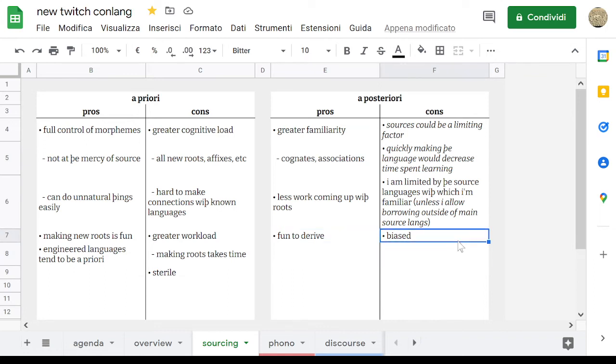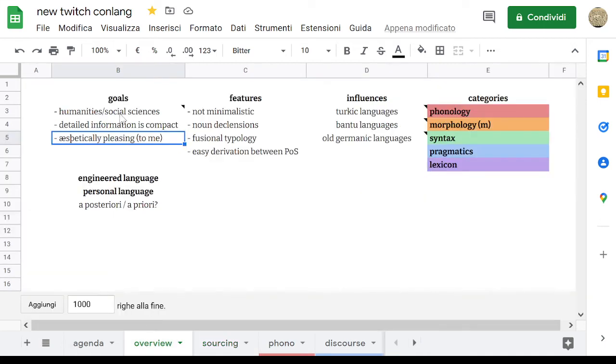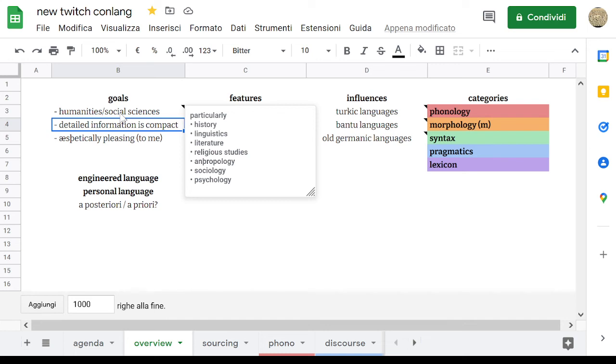It could be problematic for part of my goal, in that it's engineered. I want it to be detailed and compact to convey information in the humanities and social sciences. And the humanities and social sciences already have a lot of implicit bias in how they're studied, who studies them, who has authority in these fields of academia, or even outside of academia.